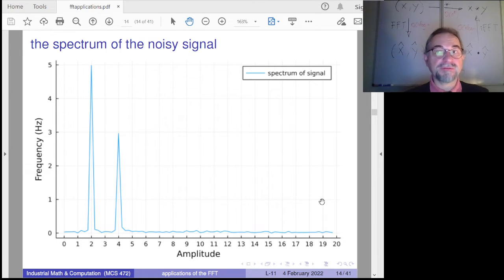But you see, for the remainder, for the filtering purposes, we can actually get rid of all the low amplitude stuff by simply taking the output of the FFT and setting all values below a certain threshold to 0.